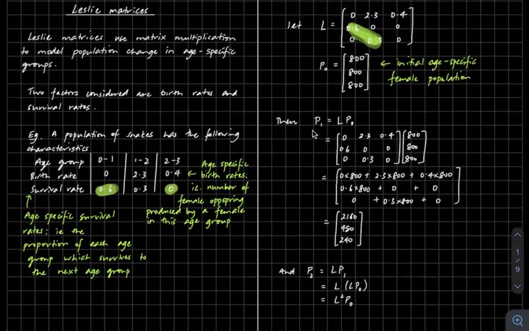So we can say that the population after 2 time periods, or 2 years, is going to be L squared times P naught. And so in general, the population after n years, or n time periods, is going to be L to the power of n times P naught. And you could do that using your calculator.